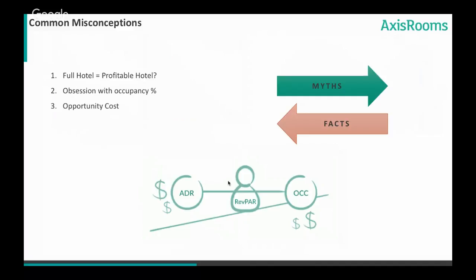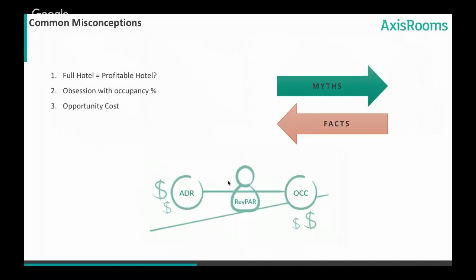Each hotel department is obsessed with occupancy. So 5% may sound like bad occupancy, 95% may sound like good occupancy. However, there are times where higher occupancy will not necessarily be profitable for a hotel, and a high or low occupancy should not be the main KPI for departments in hotels.